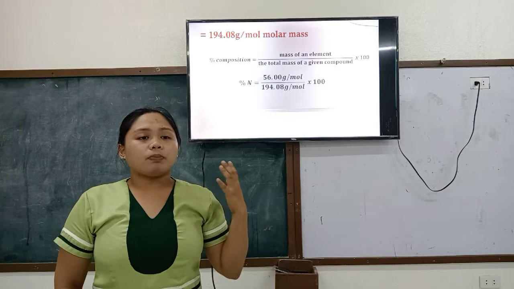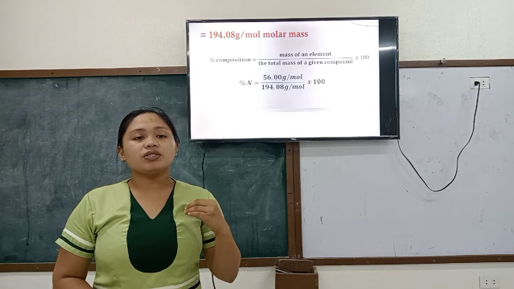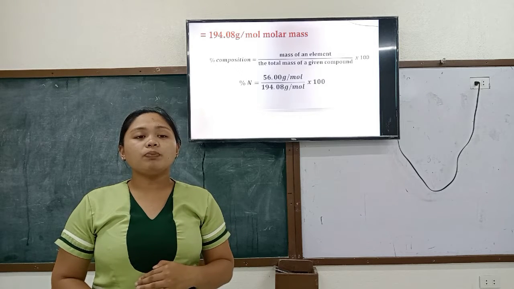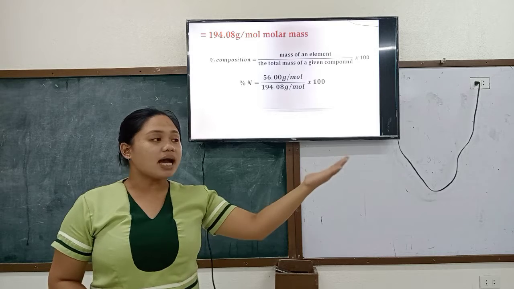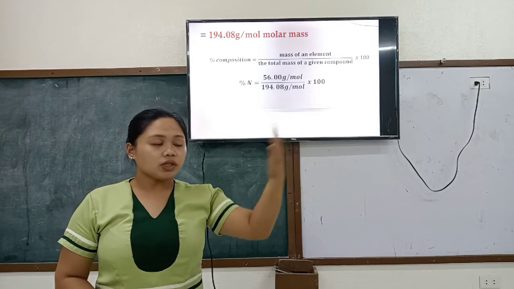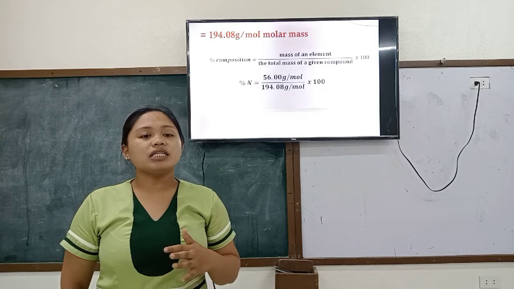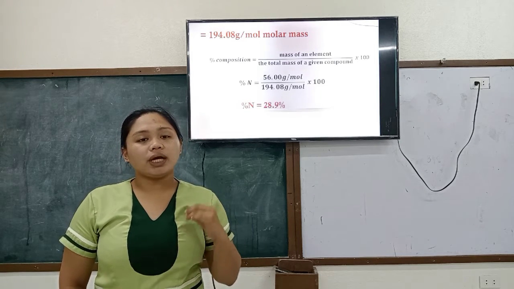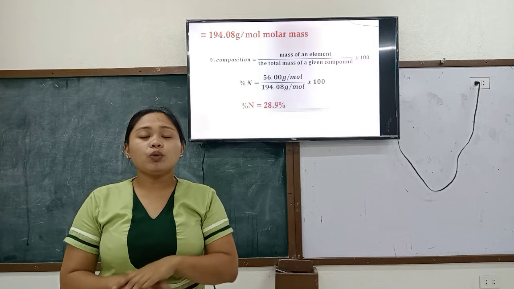Our percent of nitrogen equals 56.00 grams over mole over 194.08 grams over mole times 100%. So what could be the answer? Okay, try to solve. Anyone? Yes, that's correct. So the answer will be percent of nitrogen equals 28.9%. Any questions, class?